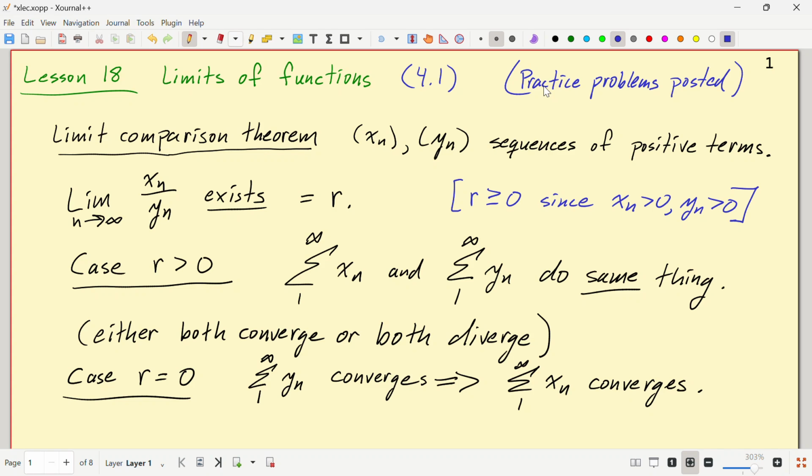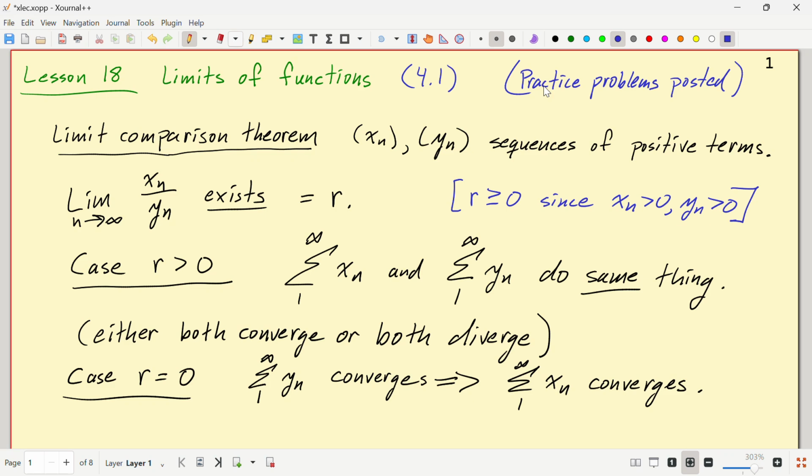In the case that r is 0, that means that if the sum of yn converges, the tail end of that series, the terms get really small and add up to something finite. And if that ratio is 0, it means the xn's are even smaller than the yn's. So the intuition is that if the sum of yn converges, and of course the xn's are even smaller, they must converge too.